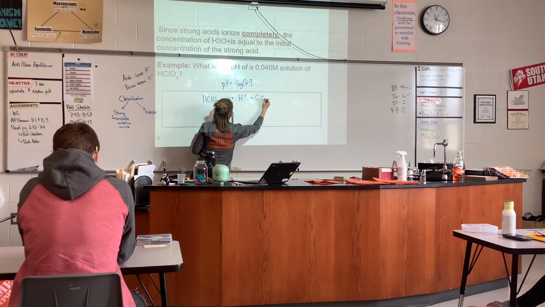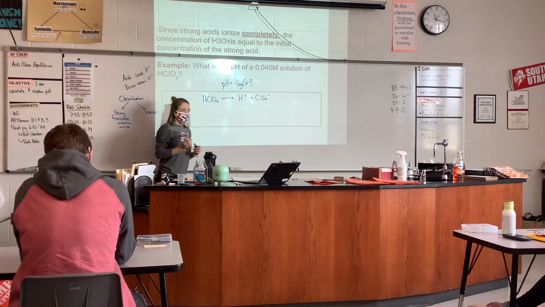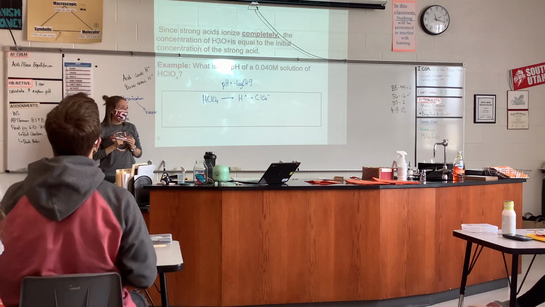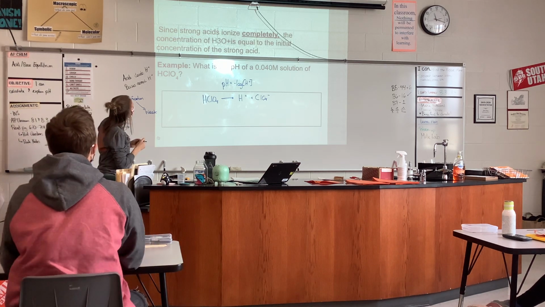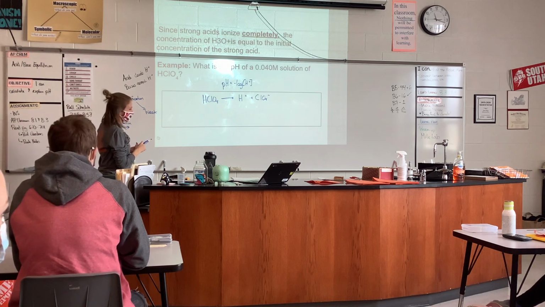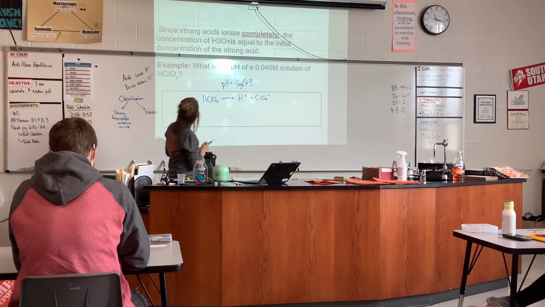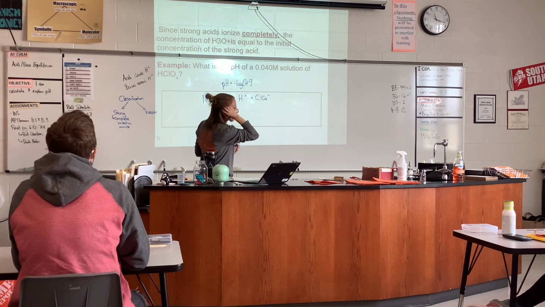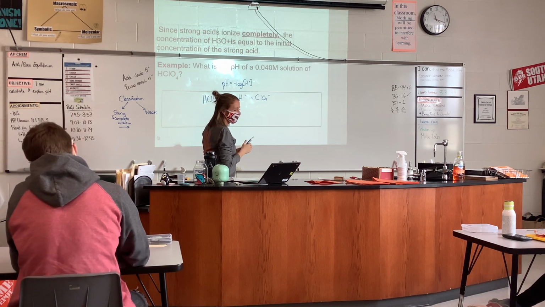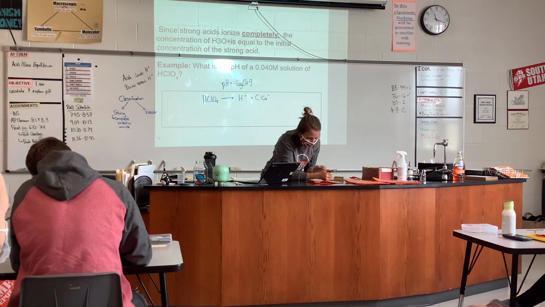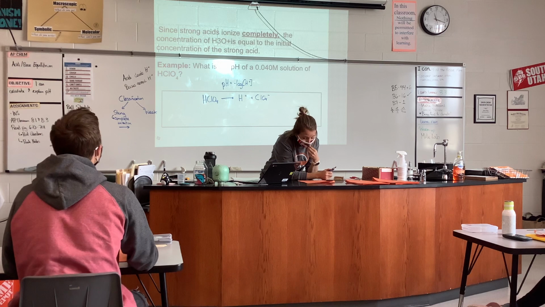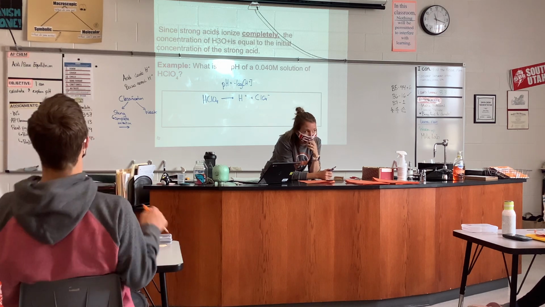Oh, wait, that was filled in for me. The blank for the completely on the packet reads as: since strong acids ionize completely, the blank, the concentration of... Oh, the blank got put in the wrong spot. If I fill it out with concentration, it reads the concentration of H2O completely in. That's not confusing at all.